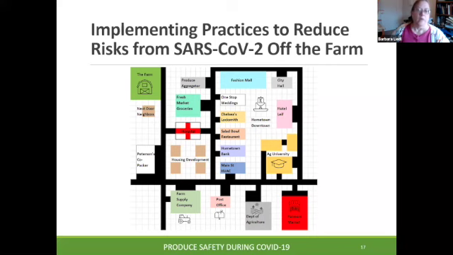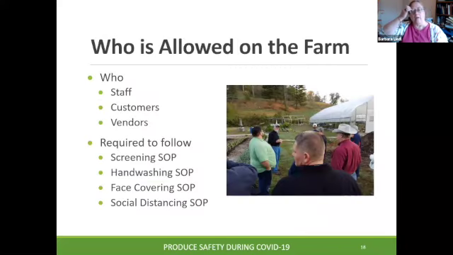Okay, so then again, we've talked before about who really is allowed on the farm and what kinds of things you're going to require them to follow if they come on your farm. So a screening SOP; we've talked about hand washing, face covering, social distancing.